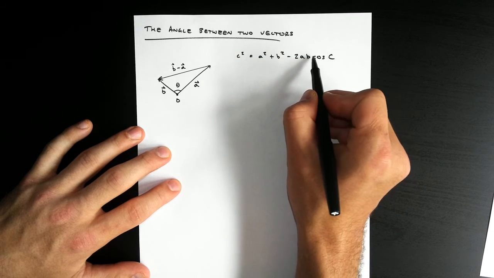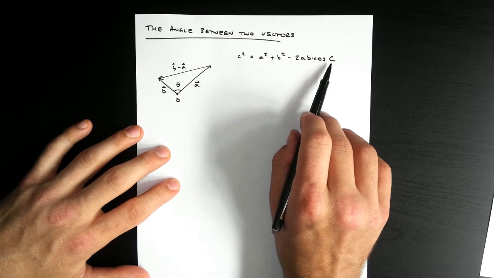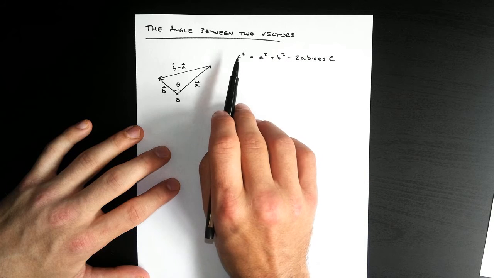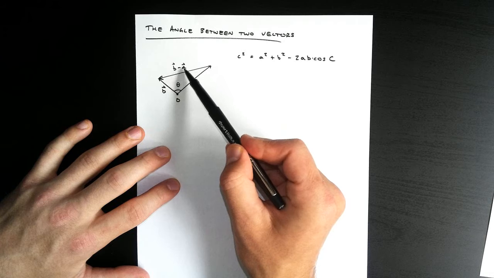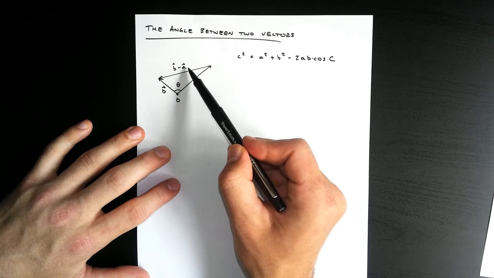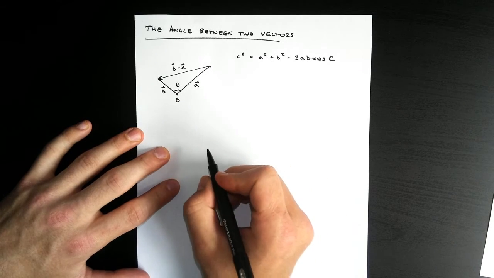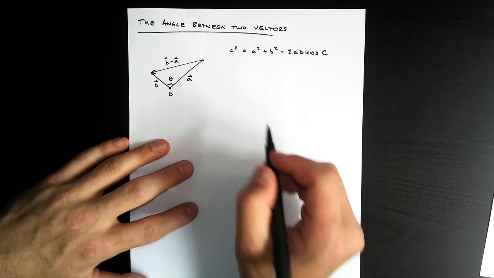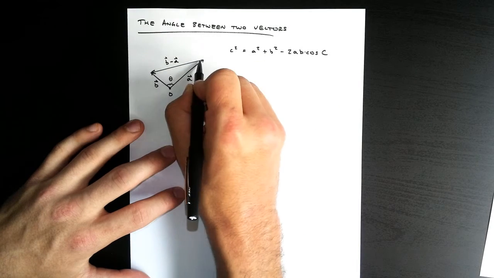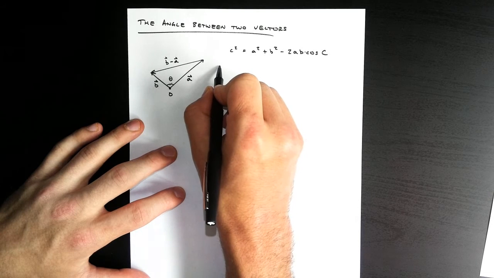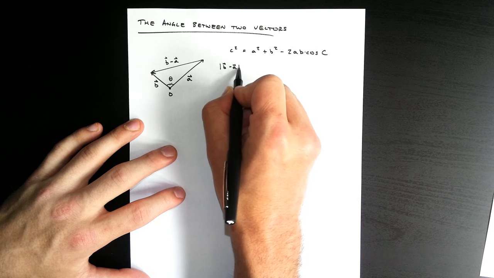Again, the big important thing in the law of cosines is that the angle that we're working with has to match up with the side across from it. For us, we have the magnitude of vector b minus vector a, and the angle we're working with is theta. So let's plug in everything we know. c squared, the side across from the angle, is going to be the magnitude of vector b minus vector a, squared.